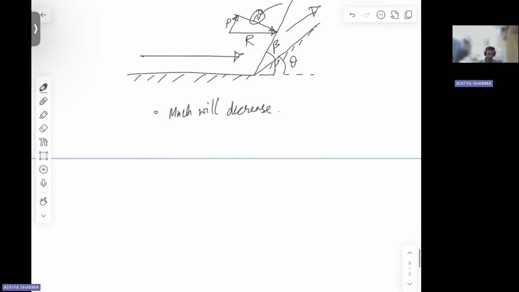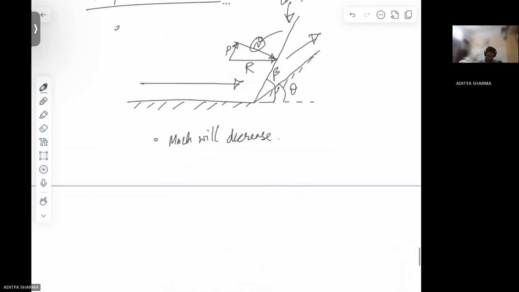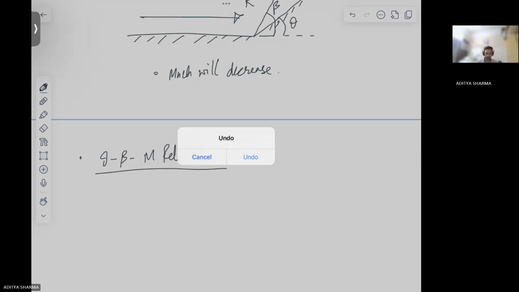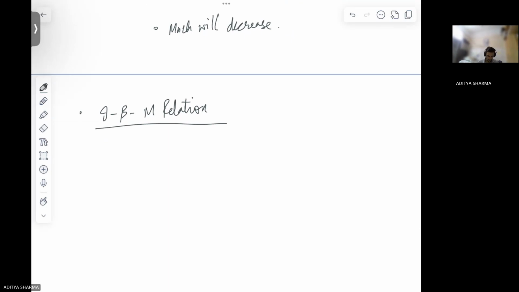Then the theta-beta-M relation, this is the relation.